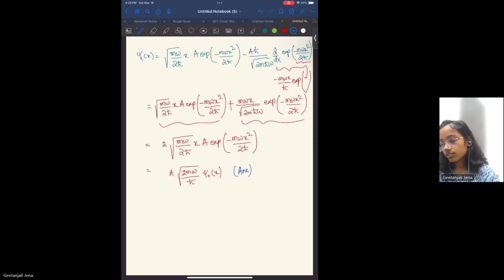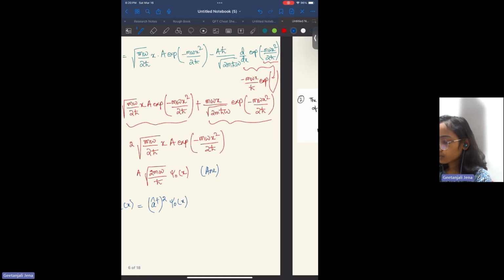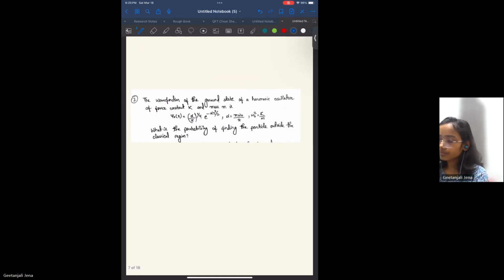For the second excited state, I can give a clue: you have to act the raising operator twice on the ground state, so that it takes you from the ground state to the second excited state. Okay, so this is how you can calculate the position representation. So let me move to the next problem.